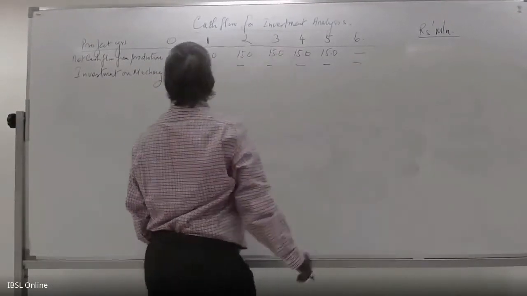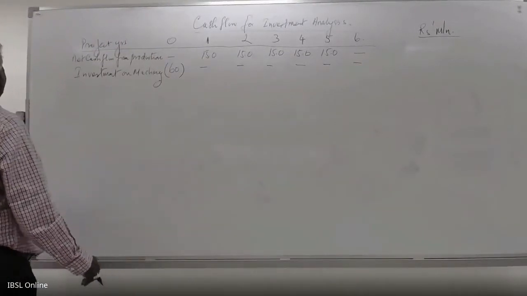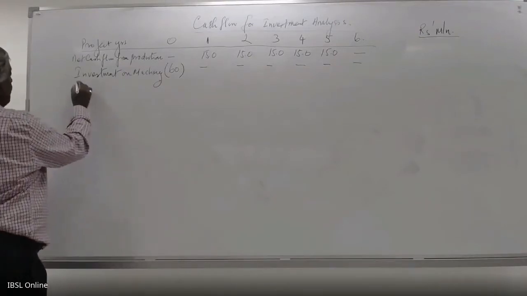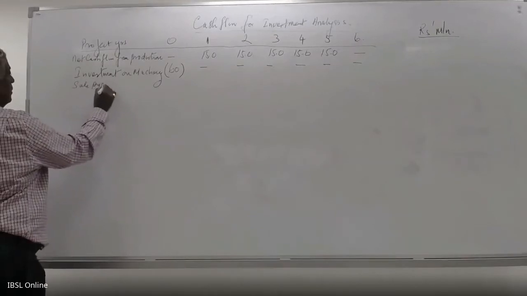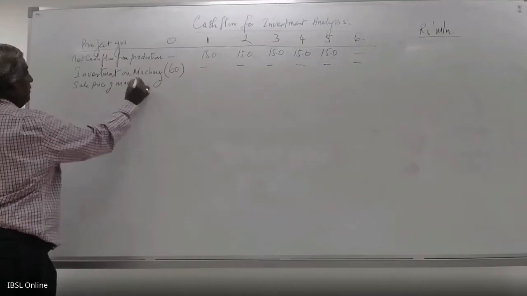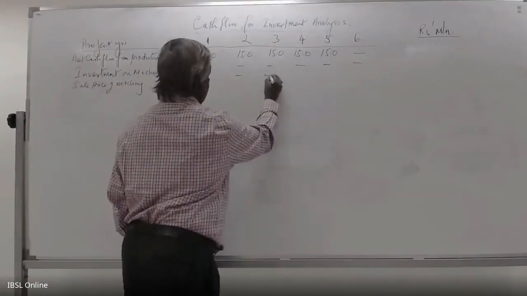There is another income also, that is the sale price of the machinery after 5 years.